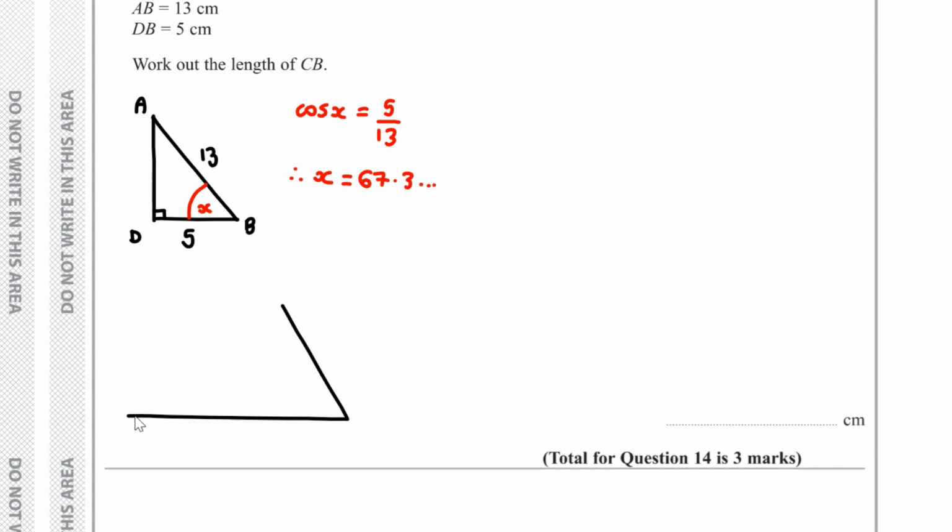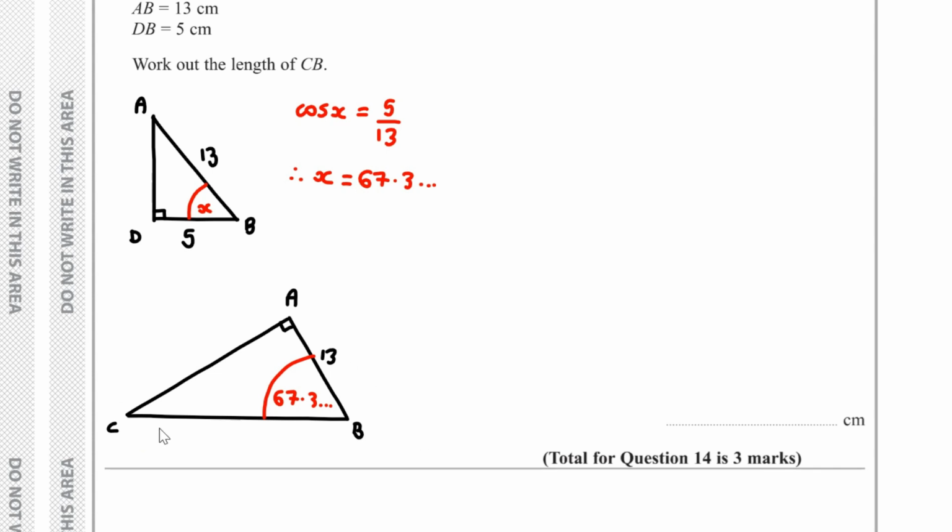Here we've got the 13, and here we've got the angle of 67.3, etc. So that's this angle here. Here we've got C, A, and B. We want to calculate what CB is.